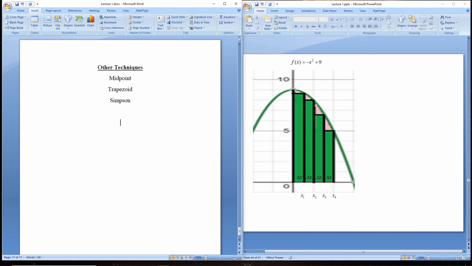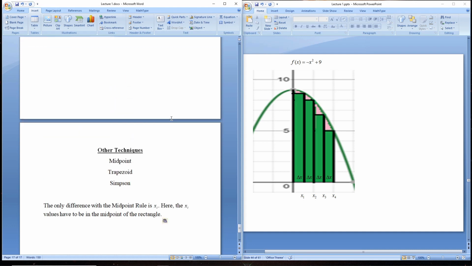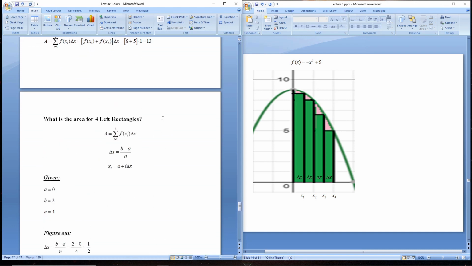And the midpoint is pretty straightforward. It's only got one difference from what we've been doing. The only difference with the midpoint rule is our x sub i's. So in other words, these two equations that we have right here still remain the same.